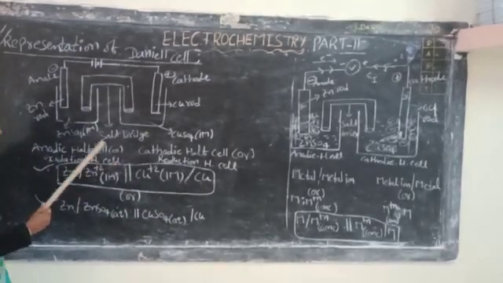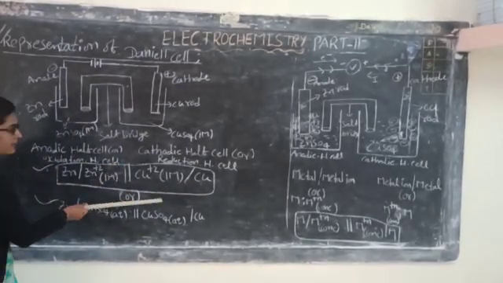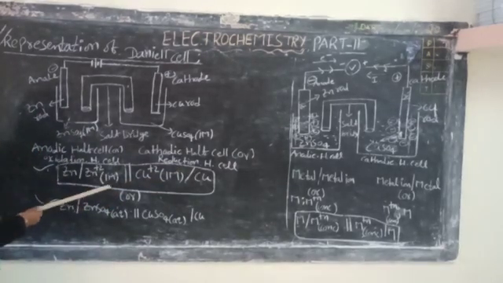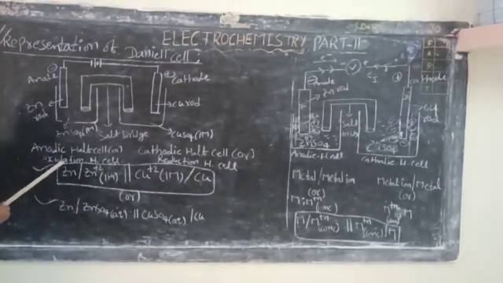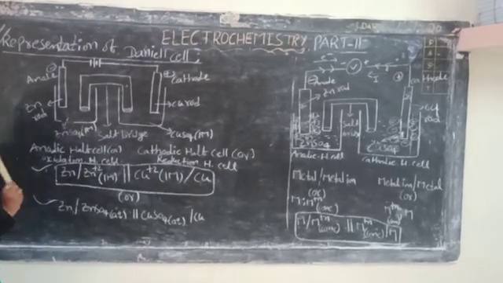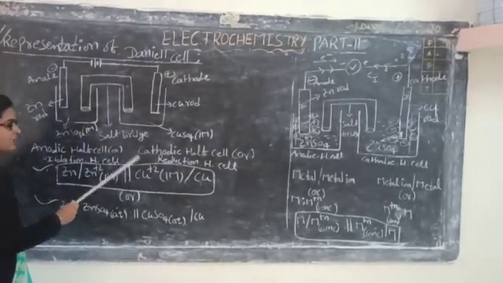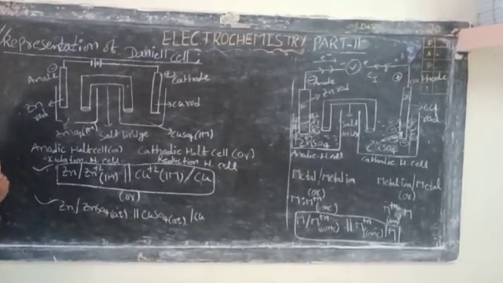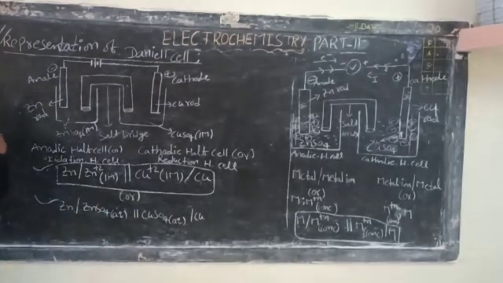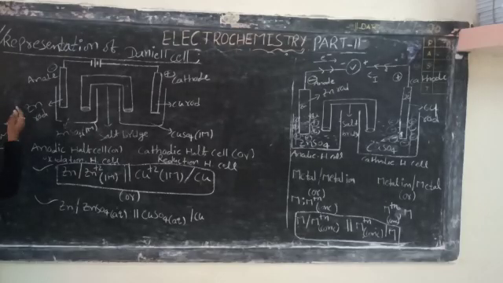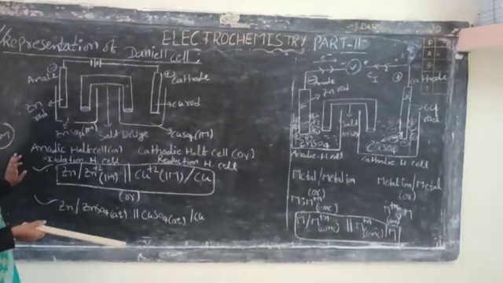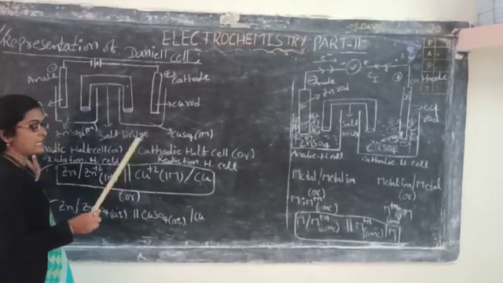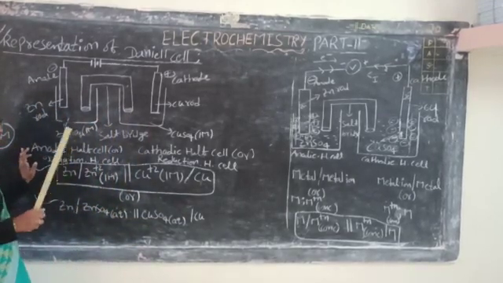Also remember that on the right hand side reduction takes place, and on the left hand side oxidation takes place. So you must remember the representation. Then finally he asks about the electrode potential based on this representation. That is a 2 marks question in Intermediate. In competitive examinations also, he asks some problems to calculate the electrode potential. Next class we will discuss the electrode potential.